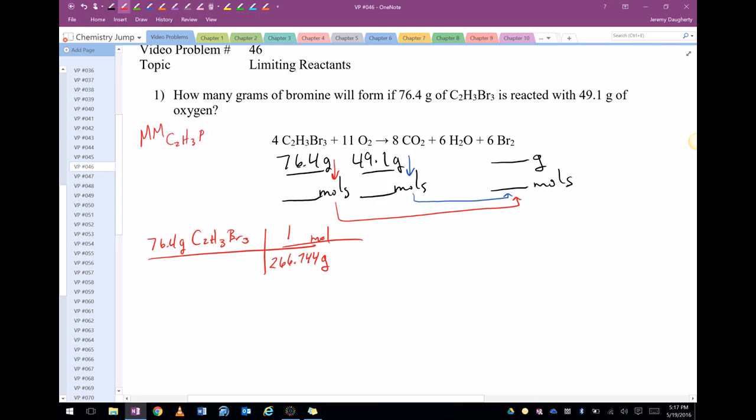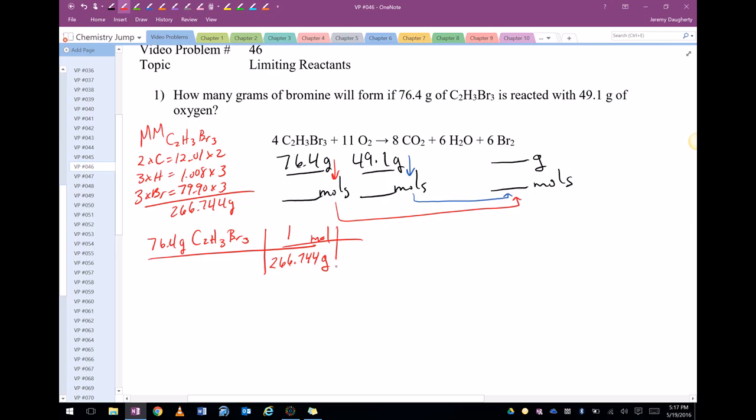You always have to show your work, so even though I didn't here, I'll go ahead and do it. You can't not show this work. Show this work every time. It'll get you points. So that ended up being 266.744.